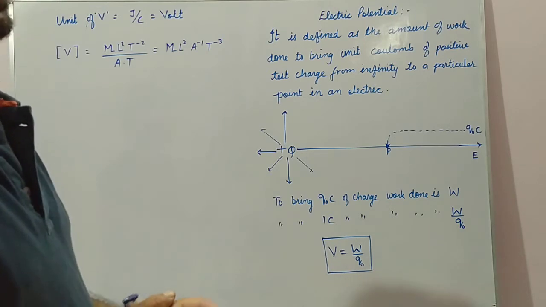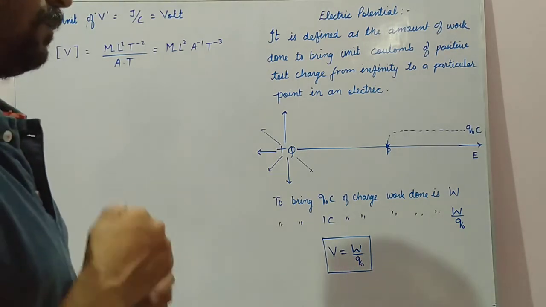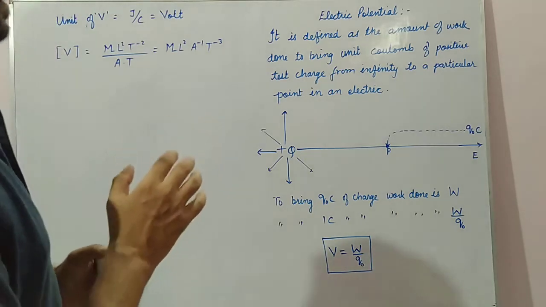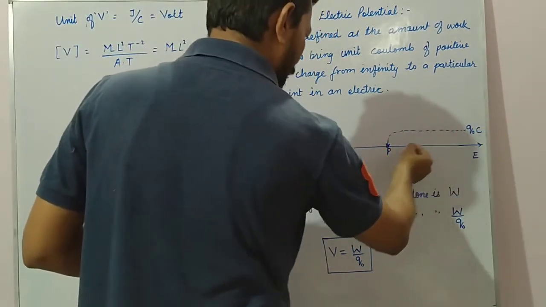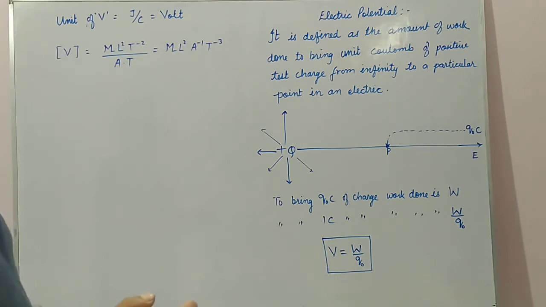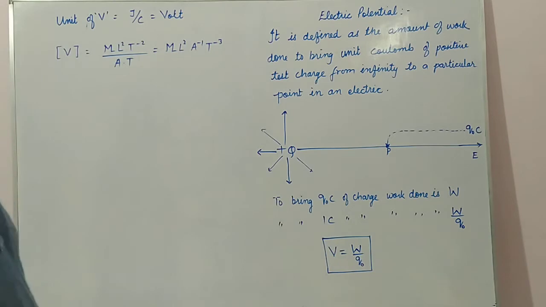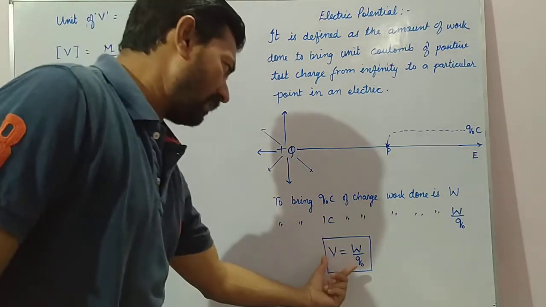To overcome the repulsive force, we are doing external work, and that external work, used to bring the test charge up till P, is stored in the form of electrostatic potential energy, and for 1 coulomb that is termed as what?